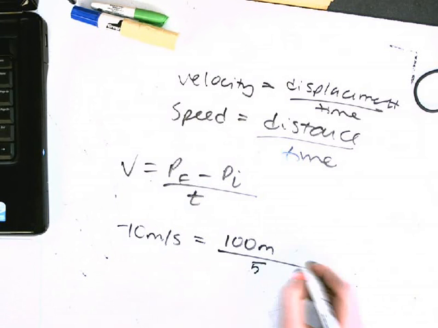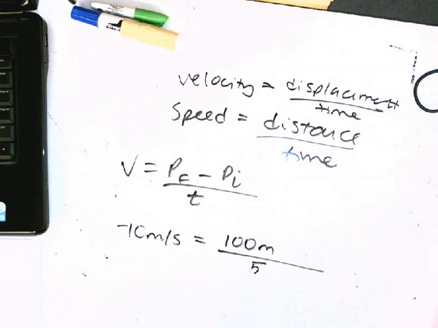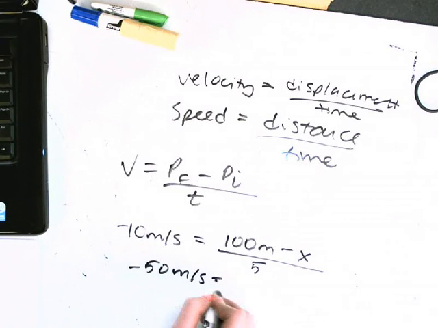So you're solving for your initial position, so let's call that x. So you would get negative 50 meters per second is equal to 100 meters minus x. And so then you would end up with x equals 150 meters.